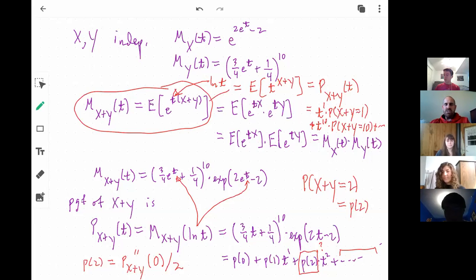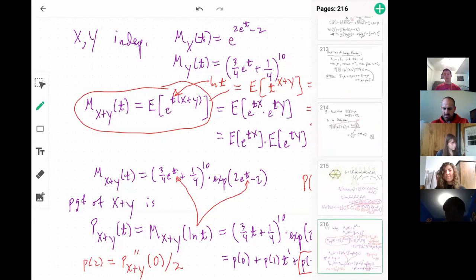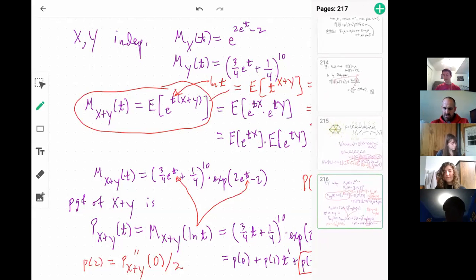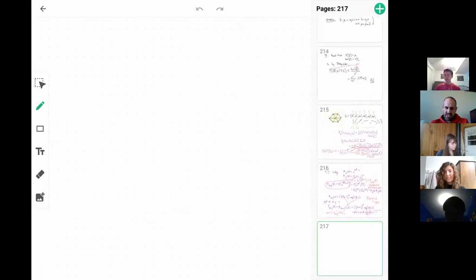Okay. But there's also another way to proceed, and that's to actually recognize these moment generating functions. Do you recognize those moment generating functions? Do you recognize them?